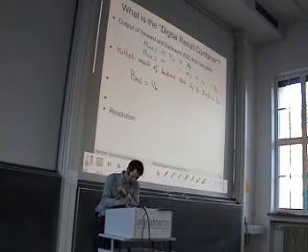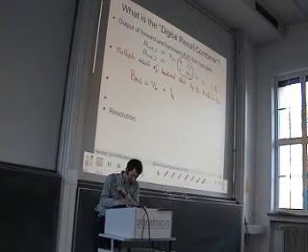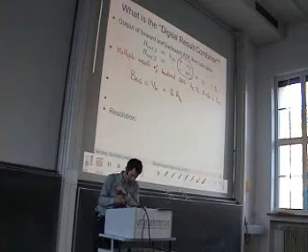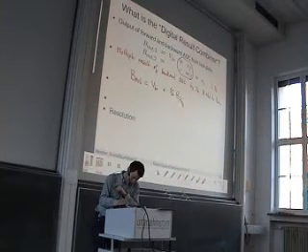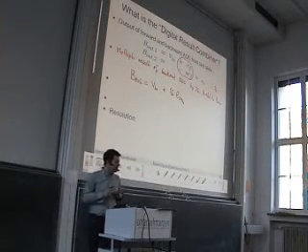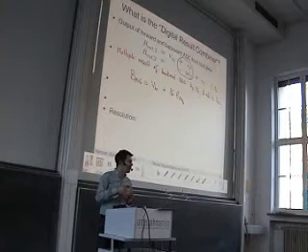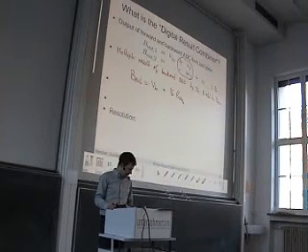You can see this cancels, and we have plus 1 over A times EB. By combining the two outputs like this, we have now only the quantization error of the backend ADC.